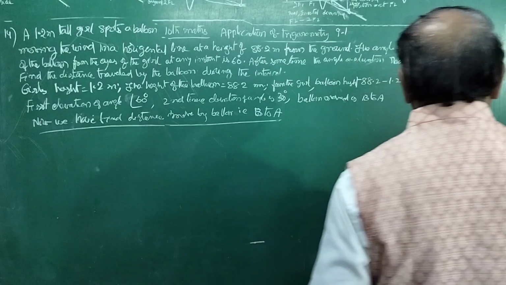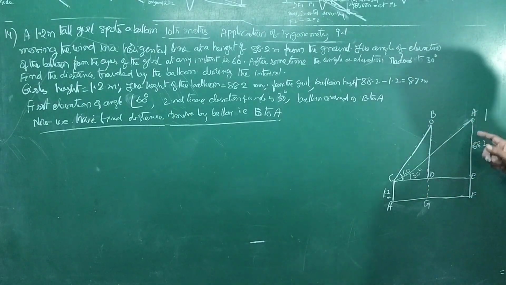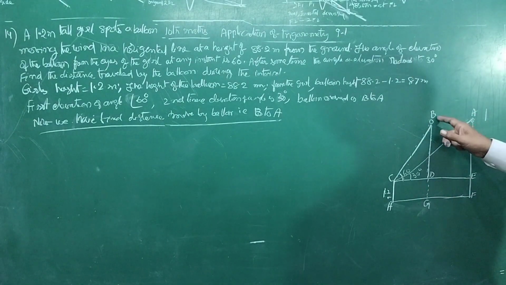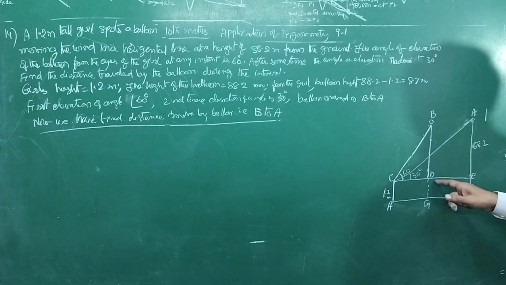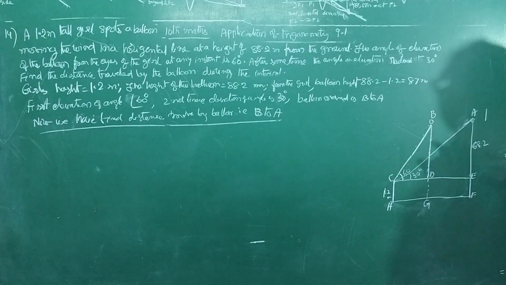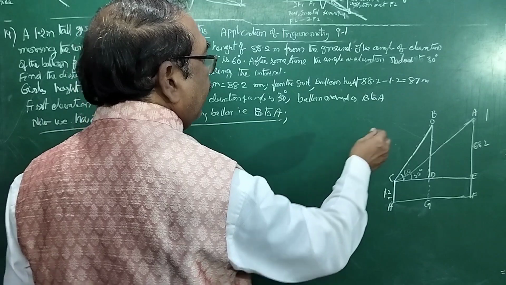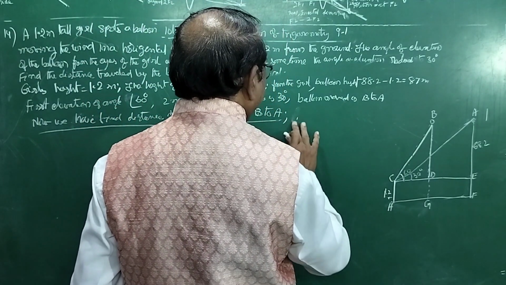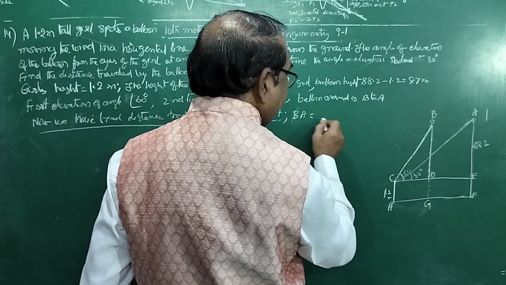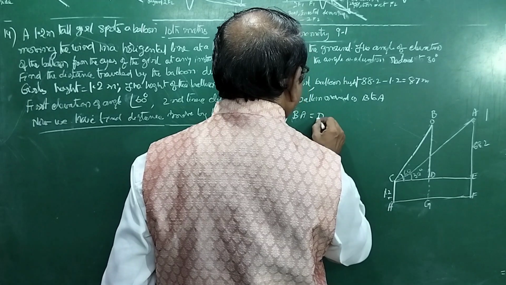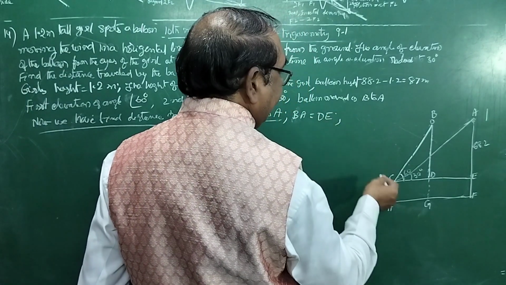The distance BA moved by the balloon is equal to DE. Now let us write this also: BA is equal to DE.